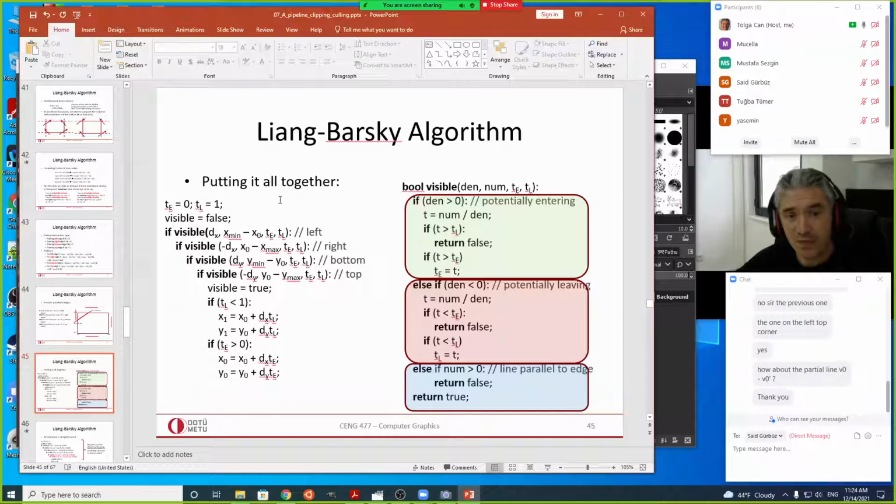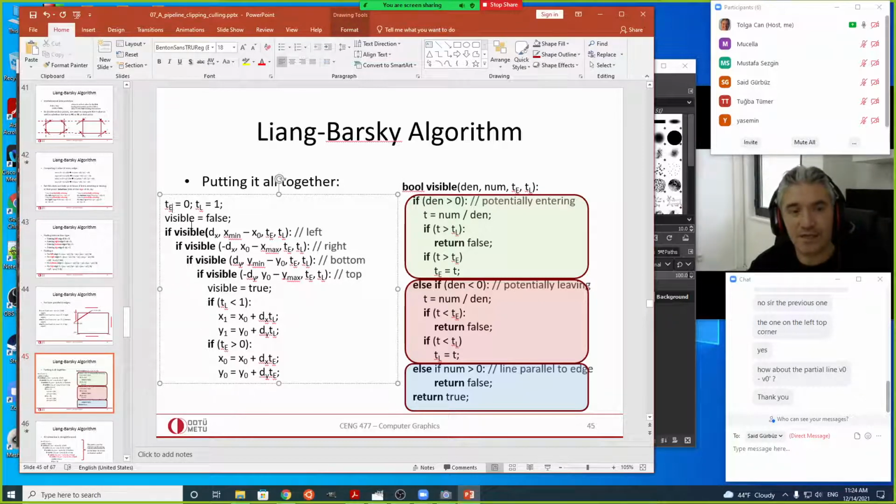So putting the entire algorithm together, the line starts at t0, which we label as the beginning of the line, and this is the end of the line as t1, and we initially set visible to false. This visible algorithm, as you can see, looks at the difference, whether the d value is a negative or positive number, and we compute the intersection point t.